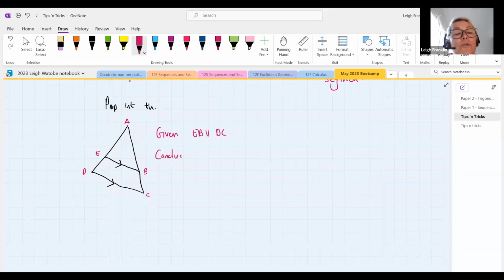Similarly, the conclusion, or what we would then say, is that AE over ED equals AB over BC. Proportionality intercept theorem, and you must name the parallel lines. Okay, if you don't name the parallel lines, matrix, you are not going to get the reason mark.